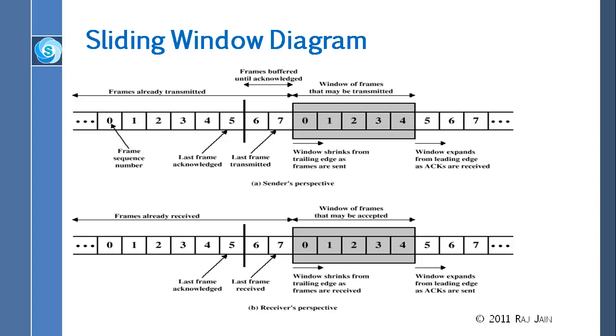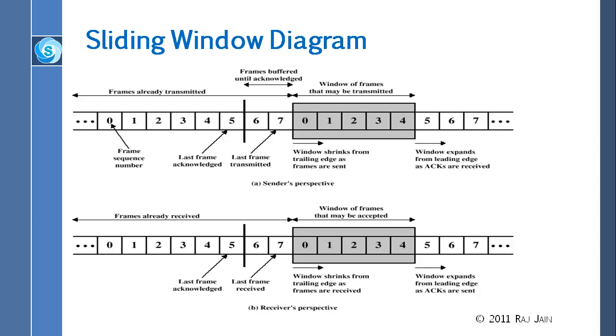So suppose you reserve 3 bits per number in the packet. If there are only 3 bits for the number field, then the number would be 0, 1, 2, 3, 4, 5, 6, 7, and then there is no way to express 8. 8 becomes 0. Everybody understands that? With 3 bits, the maximum number could be 7.